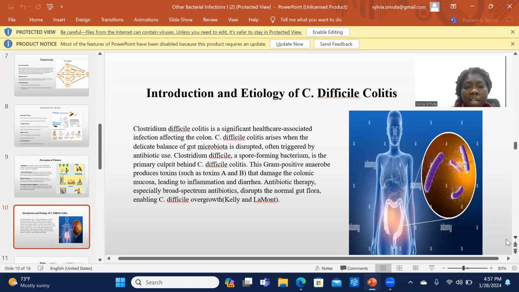Clostridium difficile, a spore-forming bacterium, is the primary culprit behind C. difficile colitis. These gram-positive anaerobes produce toxins such as toxin A and B that damage the colonic mucosa, leading to inflammation and diarrhea. Antibiotic therapy, especially broad-spectrum antibiotics, disrupts the normal gut flora, enabling C. difficile overgrowth. Kelly and LaMont.